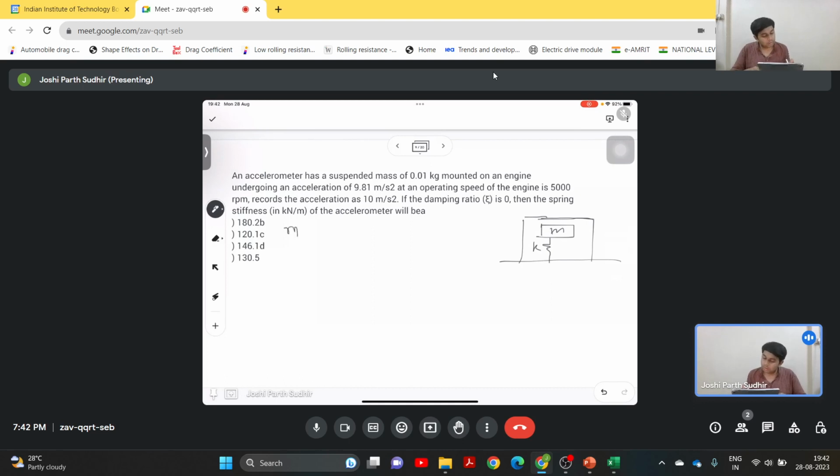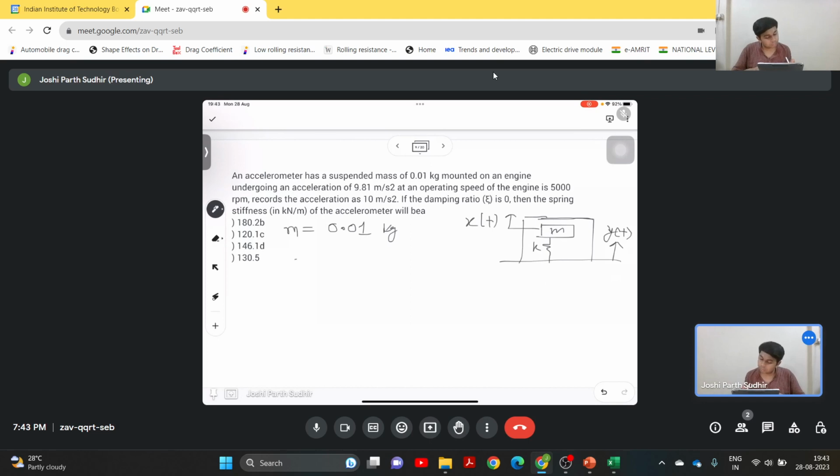It has been given that mass m is equal to 0.01 kg. Let us say this engine is undergoing some acceleration.